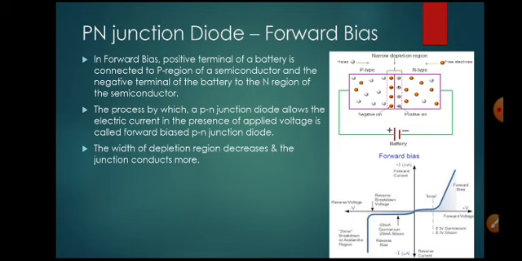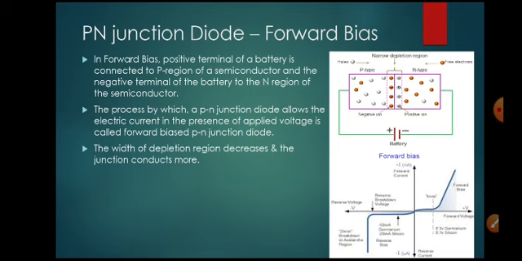As holes are driven towards the n region, more holes are created in the p region by the breakage of covalent bonds. These newly created holes are driven towards the junction to keep up the continuous supply.